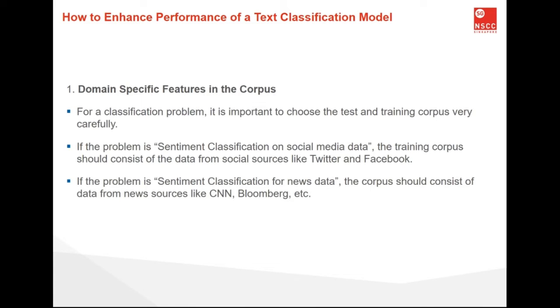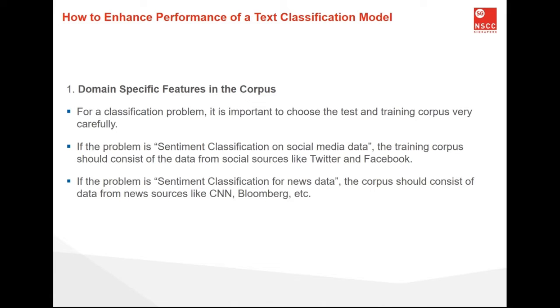The first technique is always to pay attention to domain-specific features in the corpus. For a classification problem, it is important to choose the text and training corpus very carefully. For a variety of features to act in the classification algorithm, domain knowledge plays an integral part. For example, if the problem is sentiment classification on social media data, the training corpus should consist of data from social sources like Twitter and Facebook.